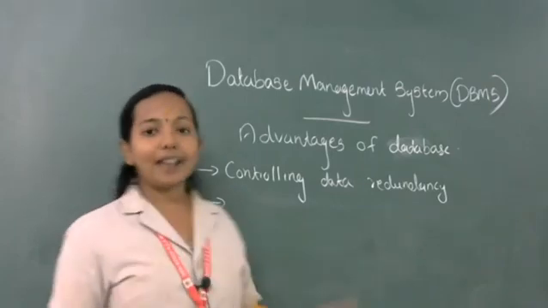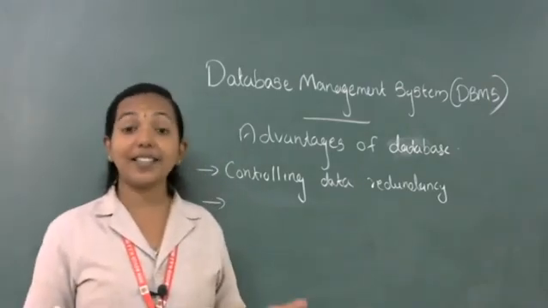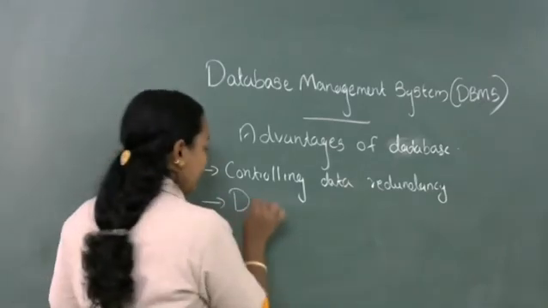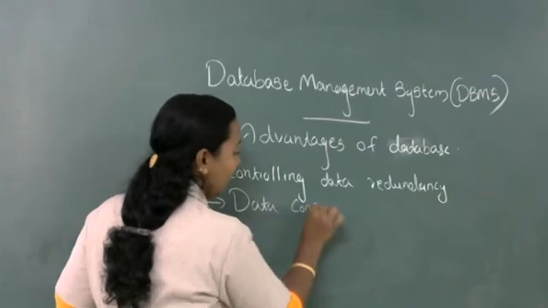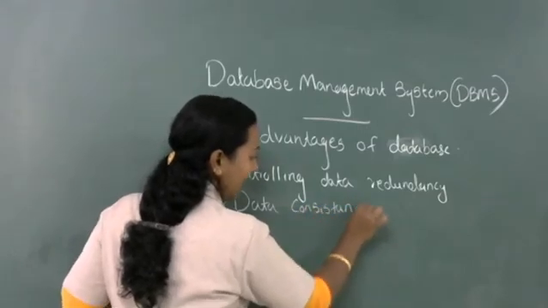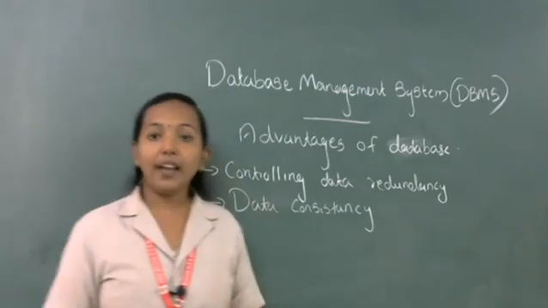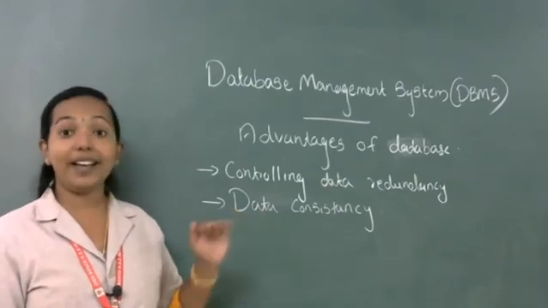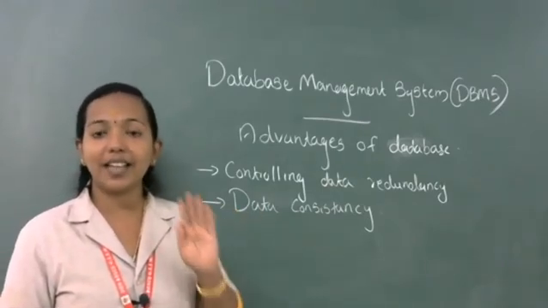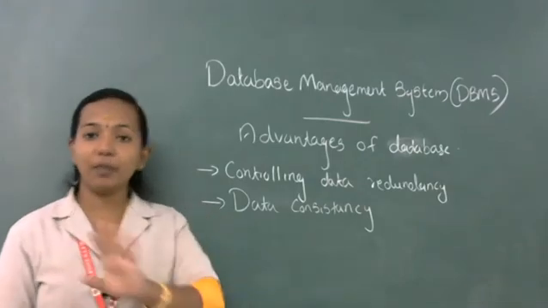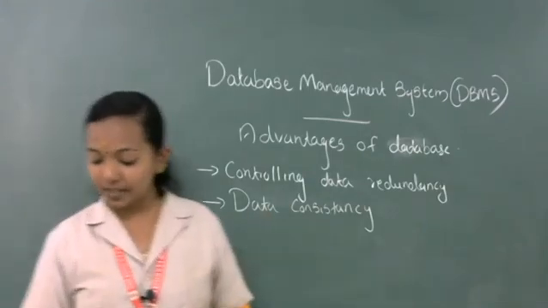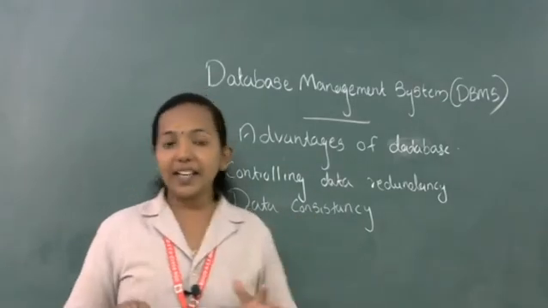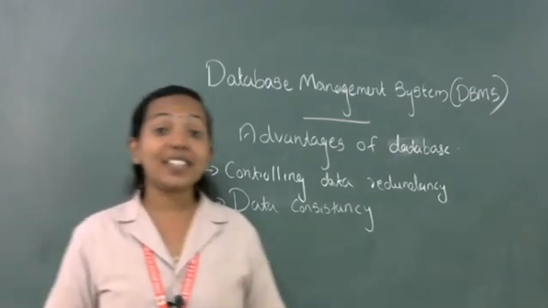Then by controlling data redundancy, the second advantage is that the database becomes consistent: data consistency. By avoiding all the duplicate values from the database, it makes data consistent. Consistent means data will be very accurate, with no fault in the database management system. Nobody can change it, because in a database there is one person, the database administrator.